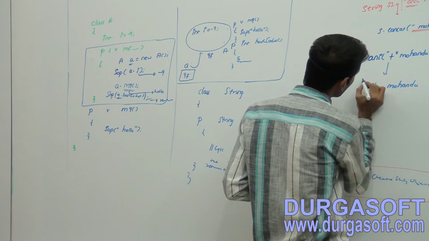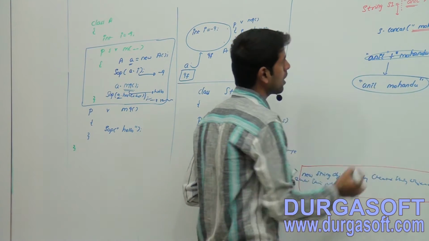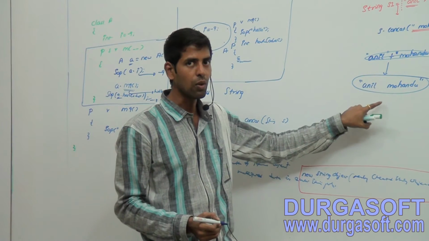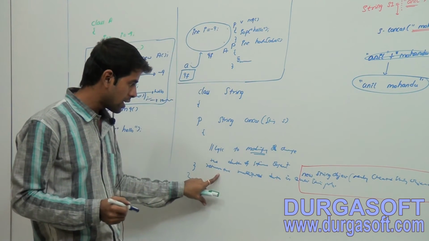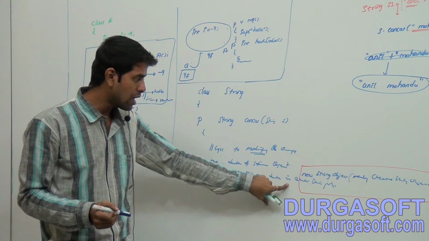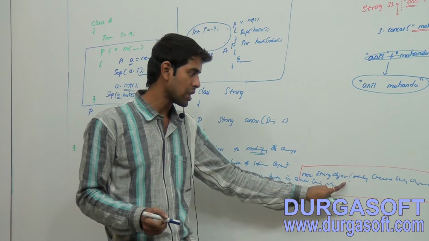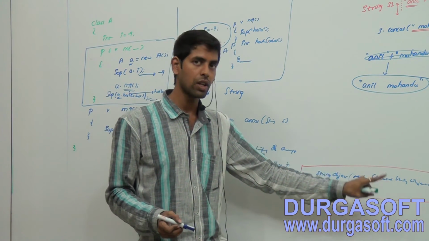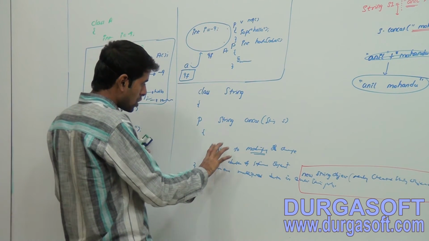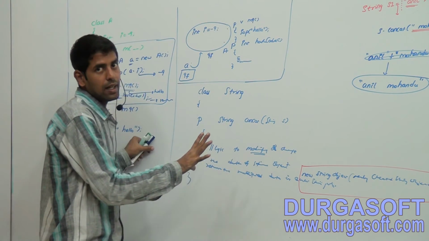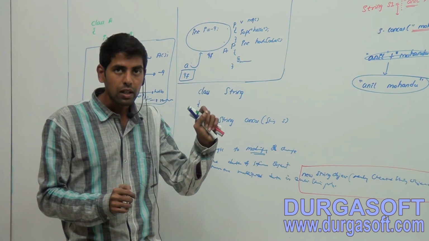Now observe here, this is the result to us and this one is not available to us. Now this data, observe here, returns the modified data in a new string object. What is that? In a new string object means a newly created string object.